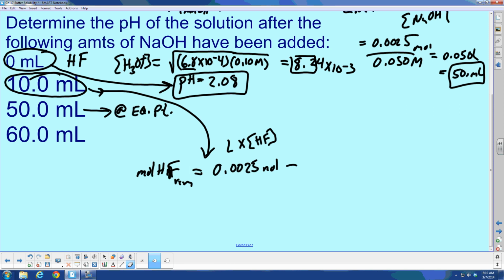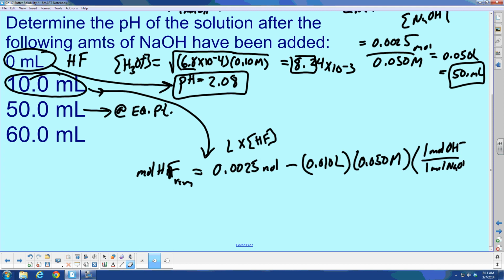Well, we have 0.010 liters times, what's my concentration? My concentration is 0.050 of sodium hydroxide times 1 mole of hydroxide per 1 mole of sodium hydroxide, right? Now, most of you can see that and don't have to set that up, but I want you to understand my logic completely.